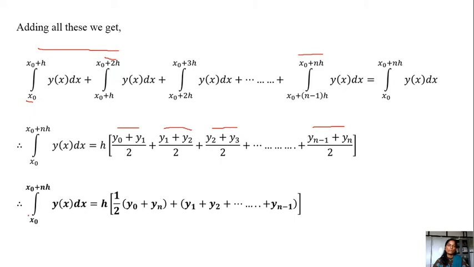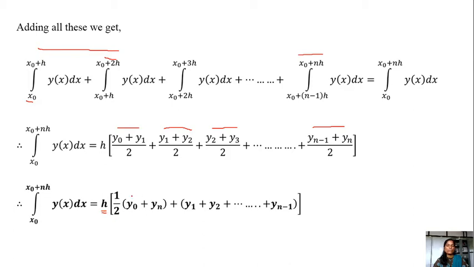So remember this. Integration x0 to x0 plus nh of y dx is h outside, 1 by 2 (y0 plus yn) plus (y1 plus y2 plus etc. plus yn minus 1). So how to remember that formula? Whatever that integration is, take h outside. What is that h? H is the interval of differencing.